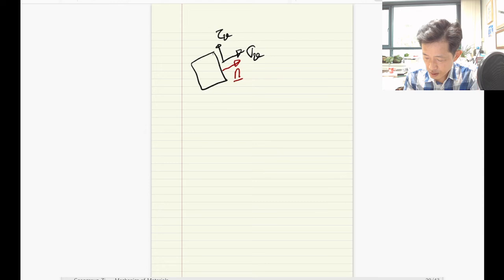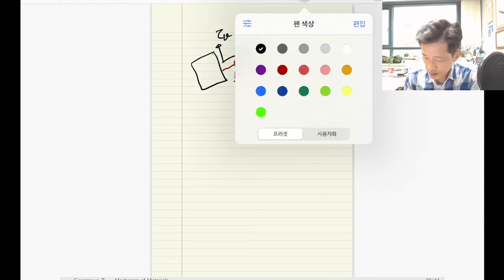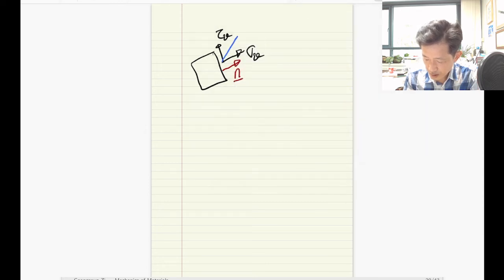The combination of these two tractions is not aligned with the direction of the plane where we observe the traction. In certain directions, if these two directions are aligned with each other, then we get the maximum normal stress value, or the minimum normal stress value, right?